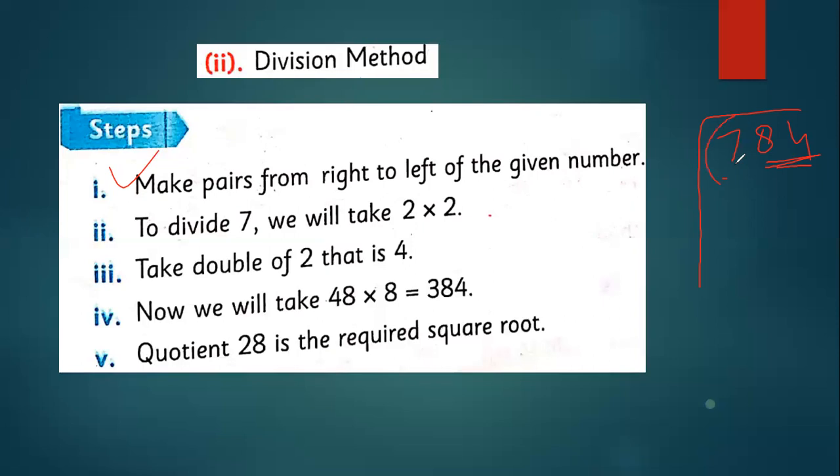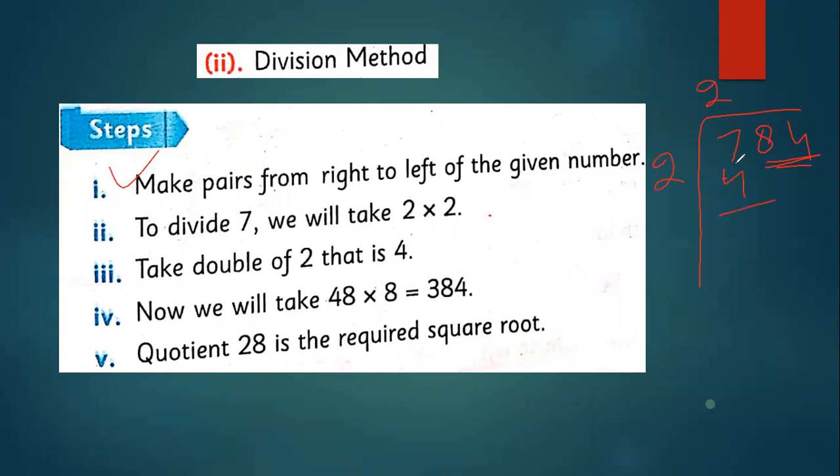Now how can we handle this 7? You have to think of one one, two twos, three threes, four fours, five fives, six sixes. So what will be for 7? It should not exceed 7. If we take two twos, that gives 4.